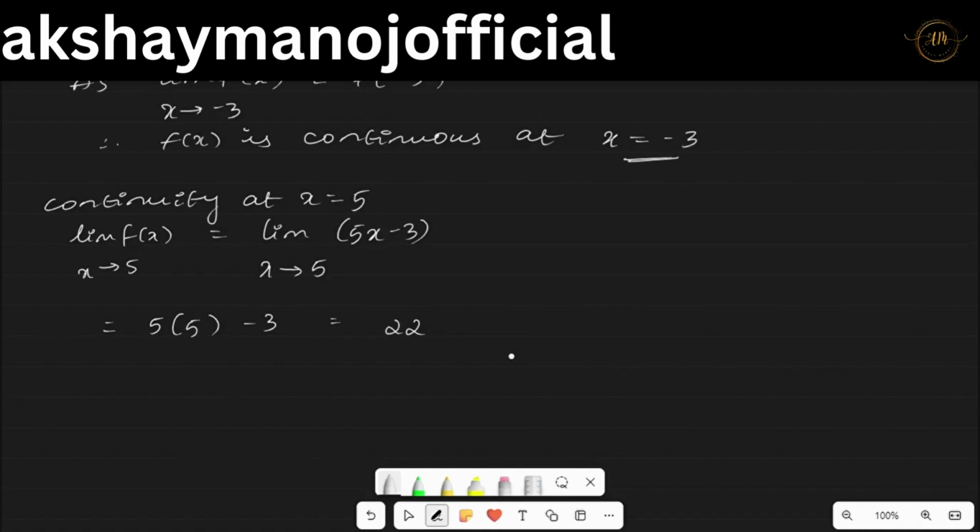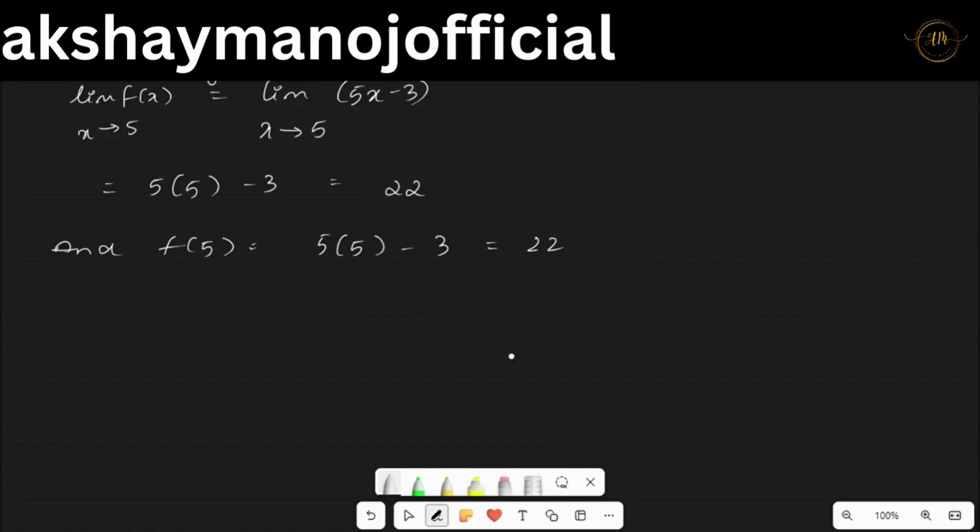And f of 5 is 5 into 5 minus 3 again, so it is again 22. So therefore limit of f of x as x tends to 5 is equal to f of 5. Therefore f of x is continuous at x equals 5.